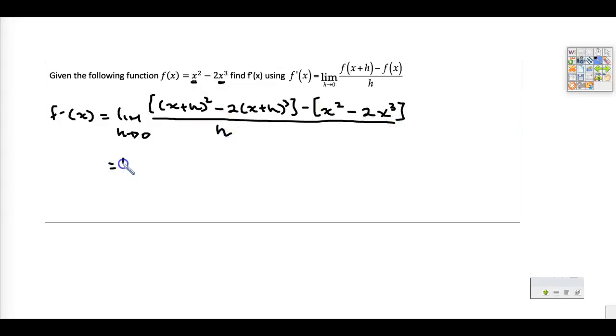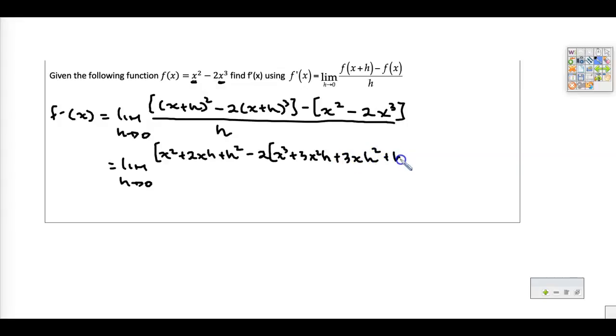And this is where the simplifying comes into play. So the limit as h approaches 0, when I multiply this quantity, you get an x squared plus 2xh plus an h squared minus 2 times, when you multiply x plus h to the third, you should get an x cubed plus 3x squared h plus another 3x h squared plus h to the third, minus an x squared plus 2x to the third, all over h.